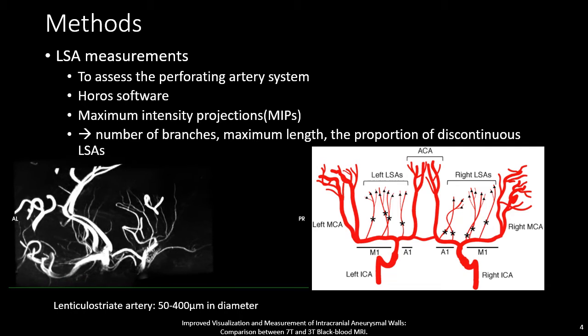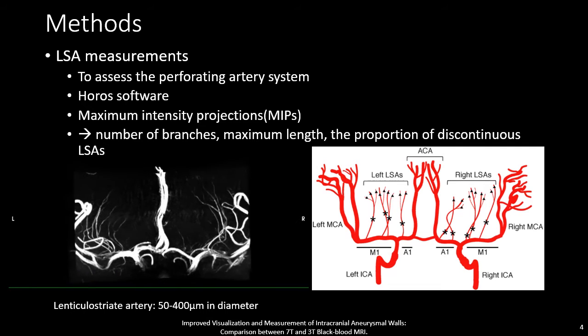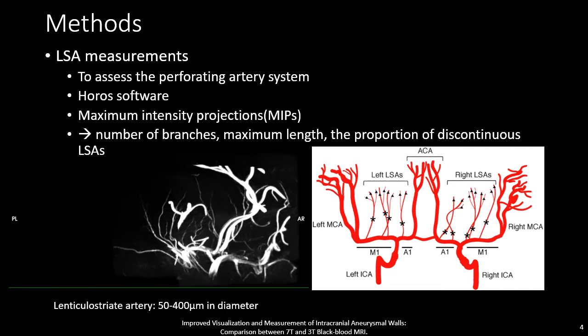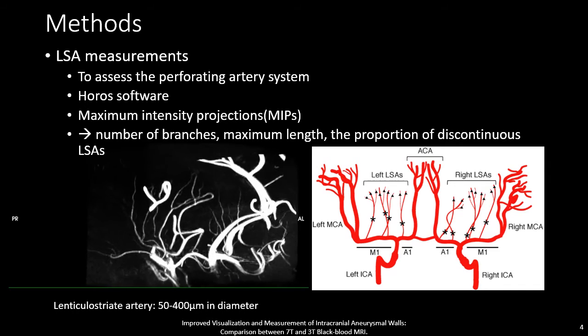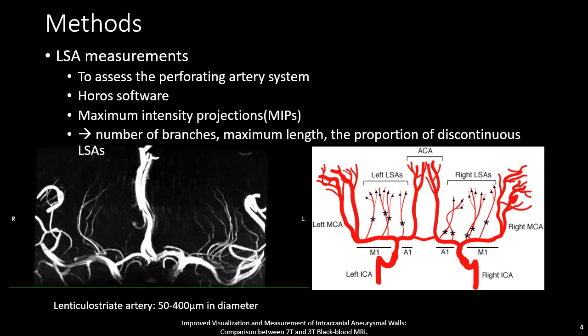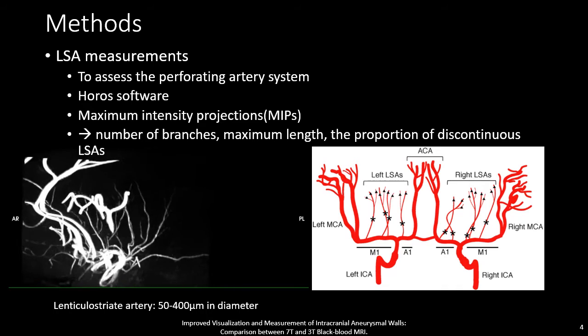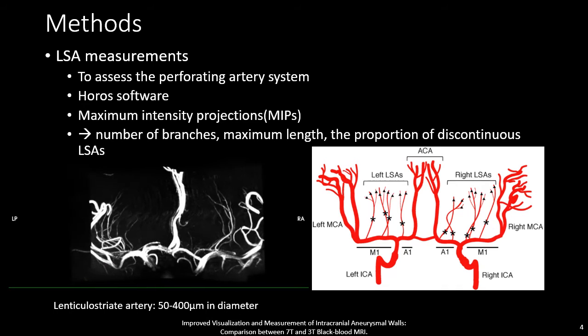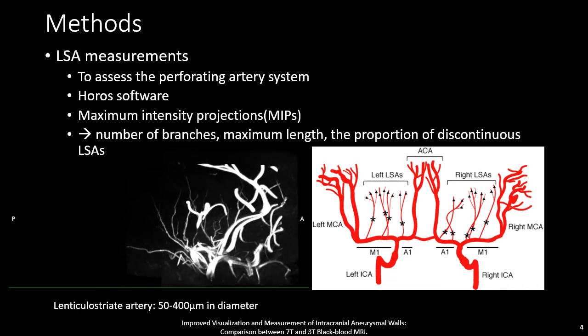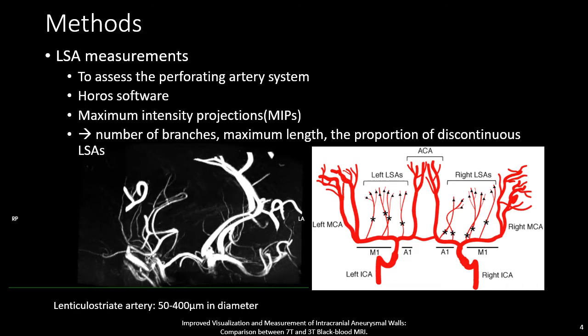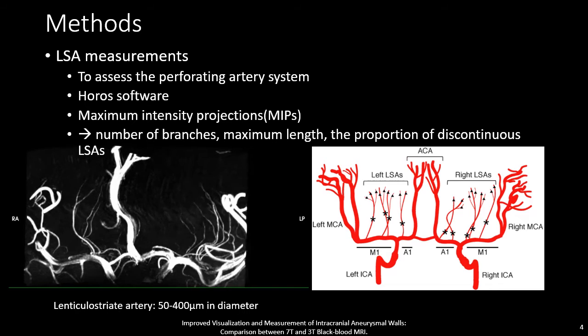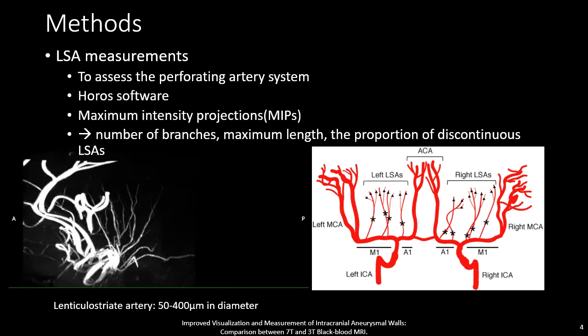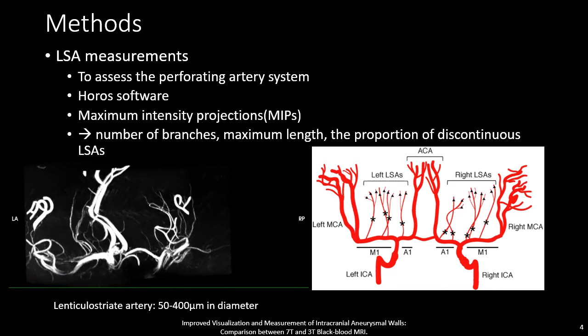Even small vessels like lenticulostriate arteries (LSAs) can be clearly depicted, and we use the 3D vessel structure to directly examine changes of the LSAs. We measure the number of stems and branches, the length of LSAs, and the proportion of discontinuous LSAs.